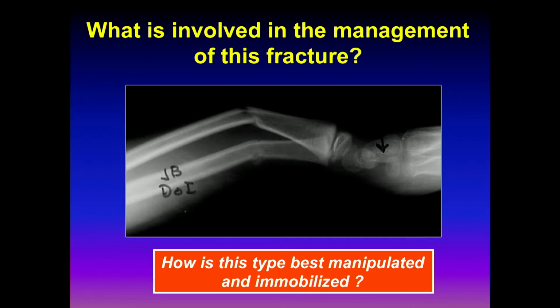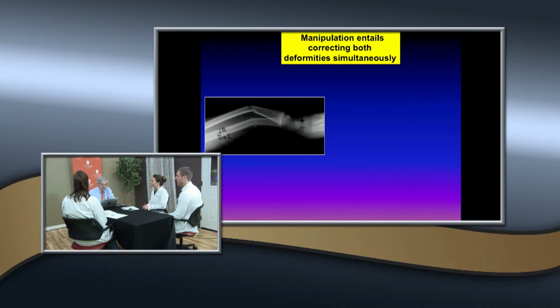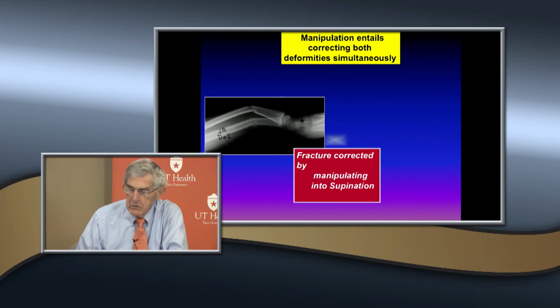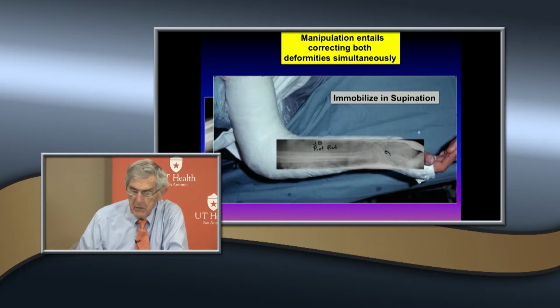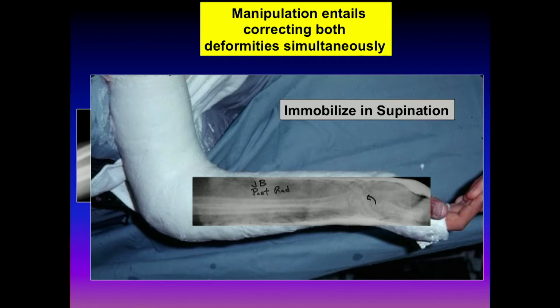And so the best way to manipulate it, you told me, was to supinate. That's exactly right. And you manipulated it into supination, and here you immobilize them in a long arm cast in supination, and you see you fully have corrected both the rotation and the angular deformities. So that's important.